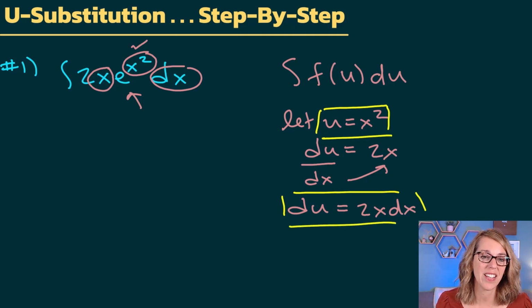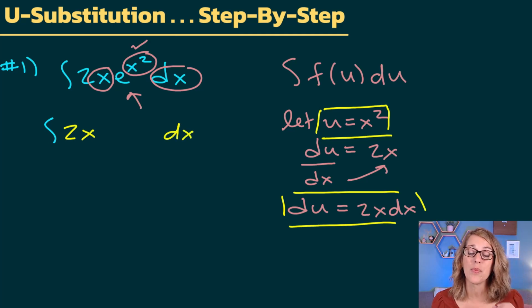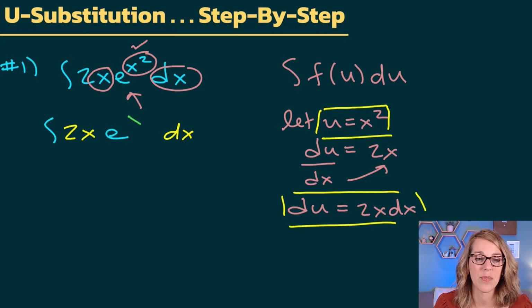Let me rewrite this integral so you can see exactly how I'm replacing these. So 2x dx is going to get replaced with du. I'm going to leave that e there, and then I've got u here, which is my x squared. I'll put a green box there around my x squared. Okay, let's do the substitution.